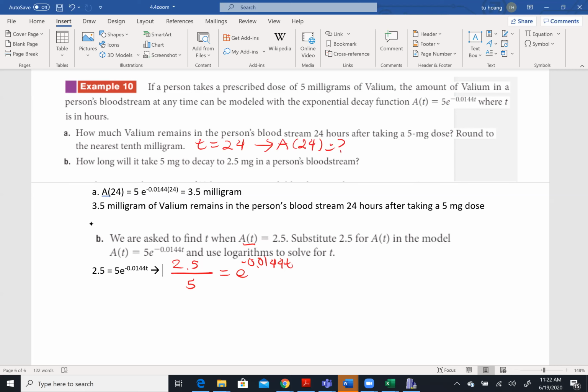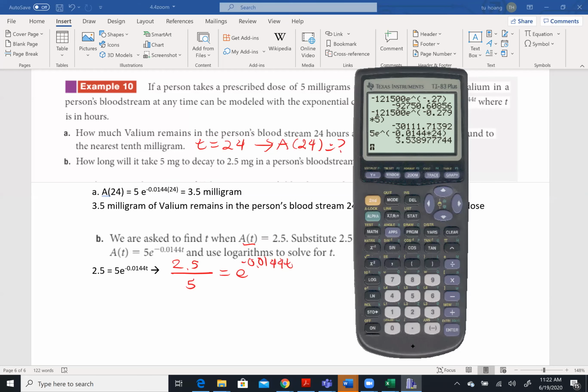Now you may use the calculator to divide 2.5 by 5. 2.5 divided by 5 equals 0.5.